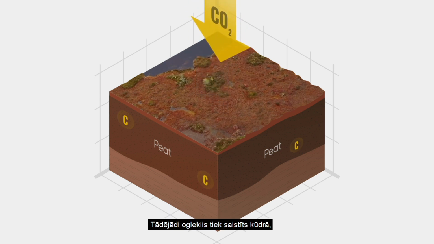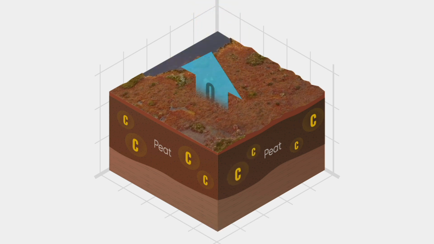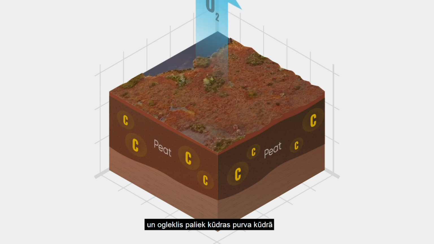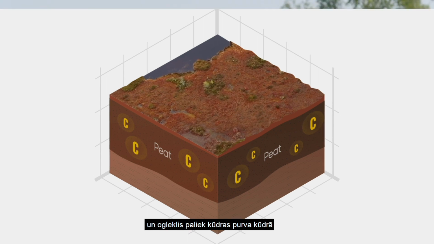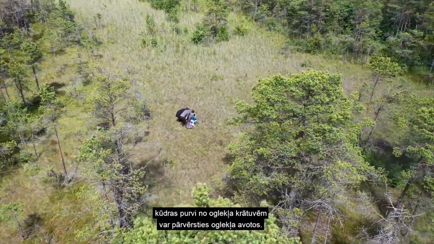And so carbon is bound inside the peat from those plant tissues. And in these cases, this peat layer grows, and this carbon is kept inside this peatland as peat. But if there are some human disturbances, these peatlands can turn from carbon sinks to carbon sources.